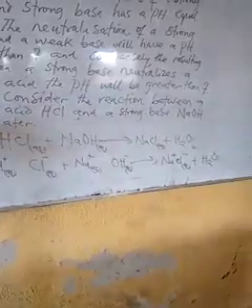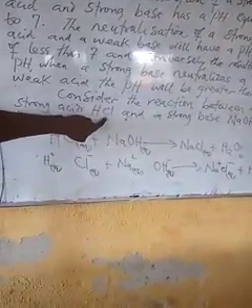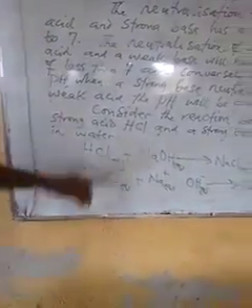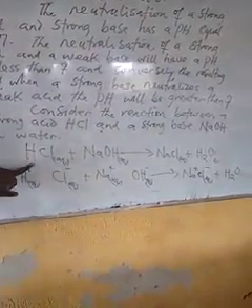So now, considering the reaction between a strong acid and a strong base. Remember, when I was defining neutralization reaction, I said it's a reaction between an acid and a base to form water and salt. So when you consider this reaction between a strong acid, HCl, which I said is one of the strongest acids we have, and a strong base, which is sodium hydroxide, when these two react in water, this is the reaction.